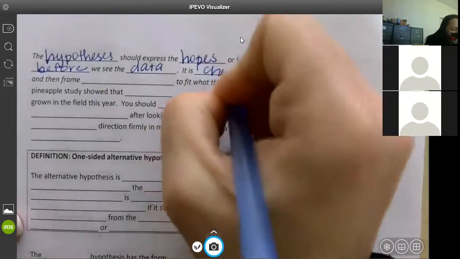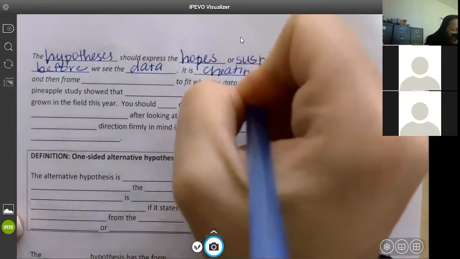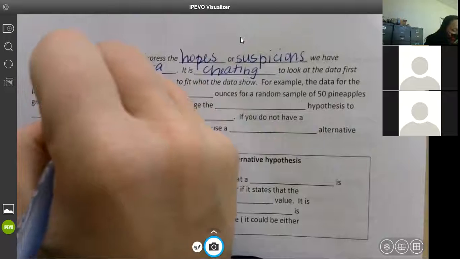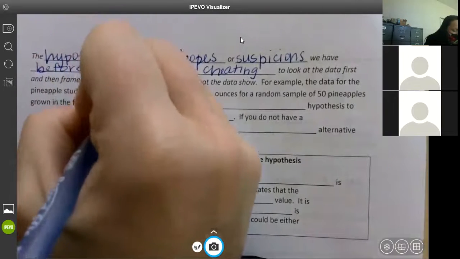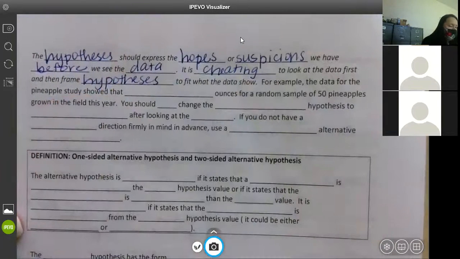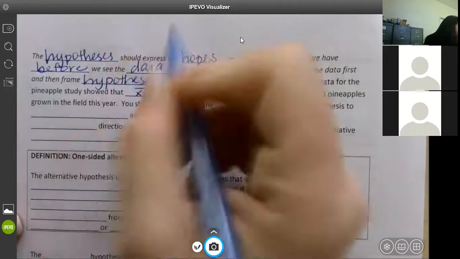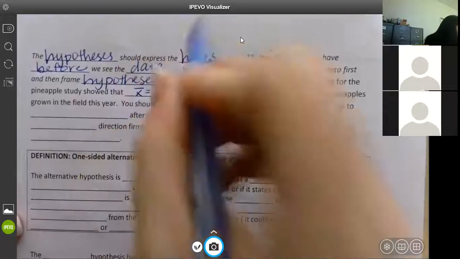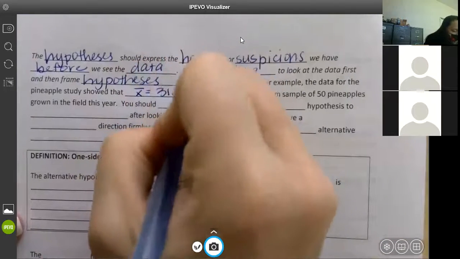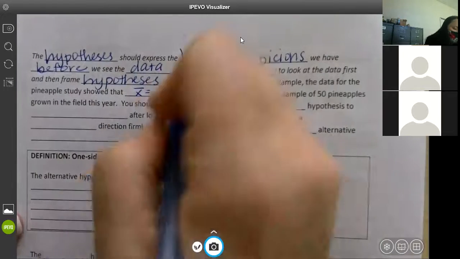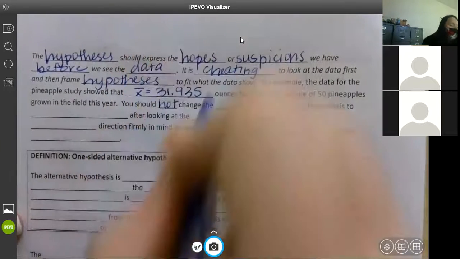It's cheating to look at the data first and then frame hypotheses to fit what the data show. For example, the data for the pineapple study showed that the sample mean was 31.935 for a random sample of 50 pineapples grown in the field this year. You should not go back.